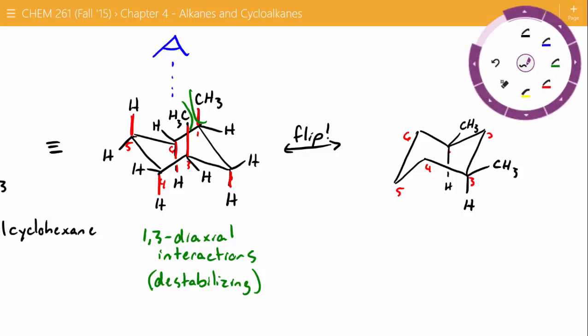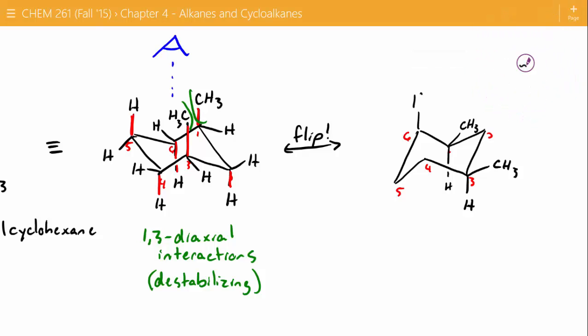So let's finish drawing in all of our groups just for fun. And let's see. This one has no 1,3 diaxial interactions.